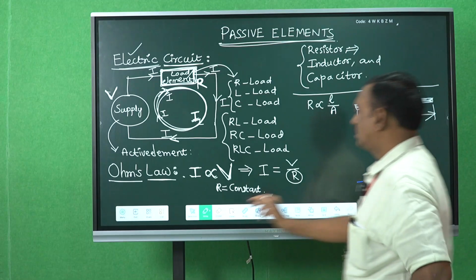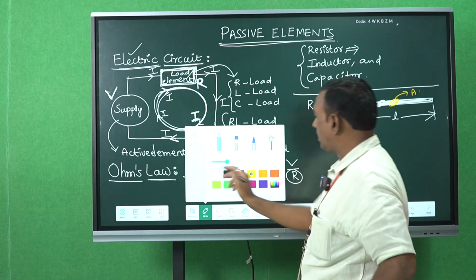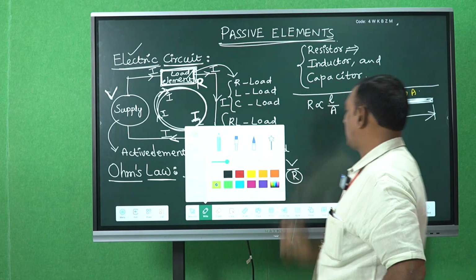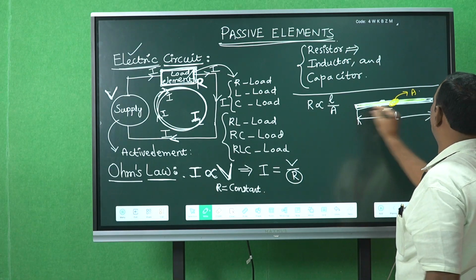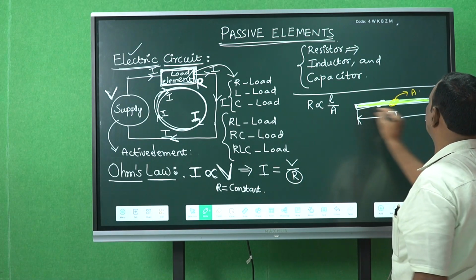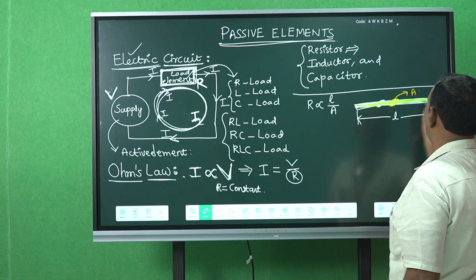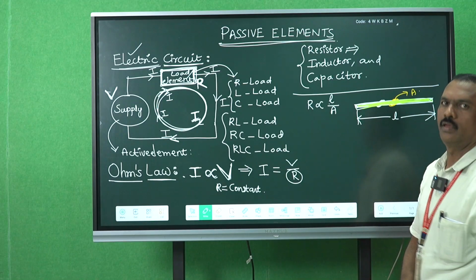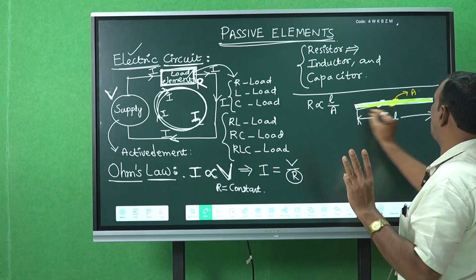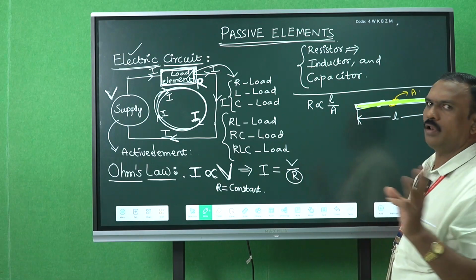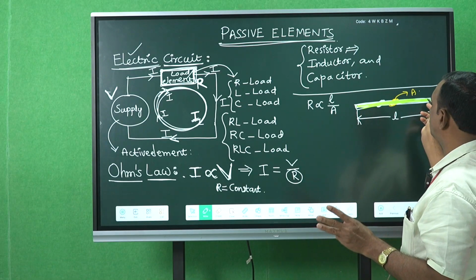Moreover, the conductor is made of a certain material, either copper or aluminum or any other type of material. For copper the material is constant, and for aluminum also the material is constant.